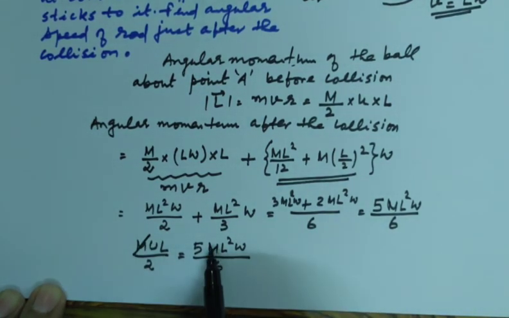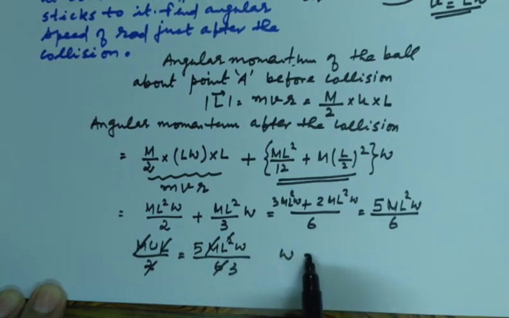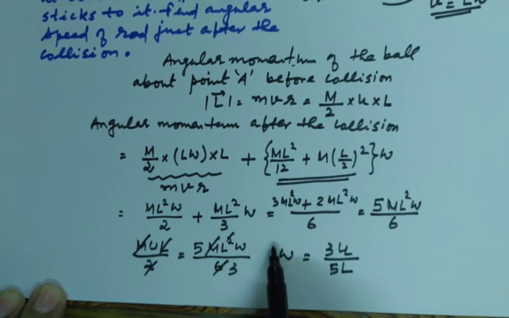By solving this, m gets cancelled, one L gets cancelled, this is 3. So here we get omega is equal to 3u by 5L.